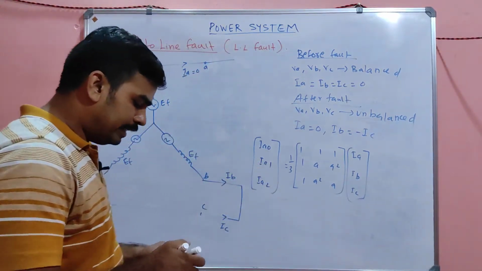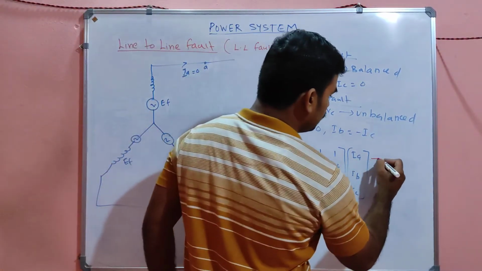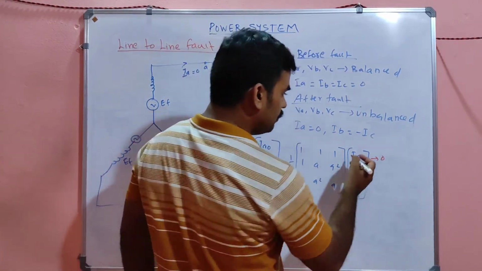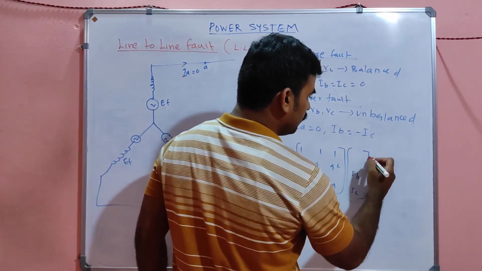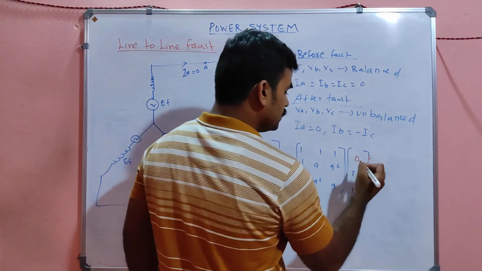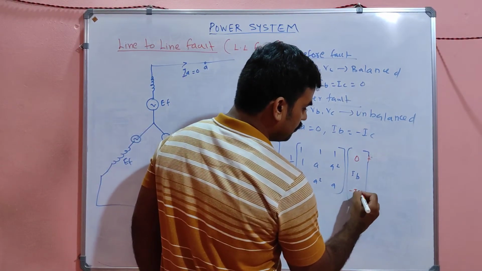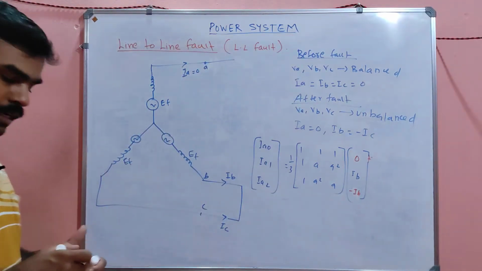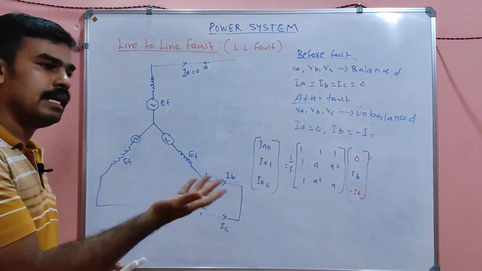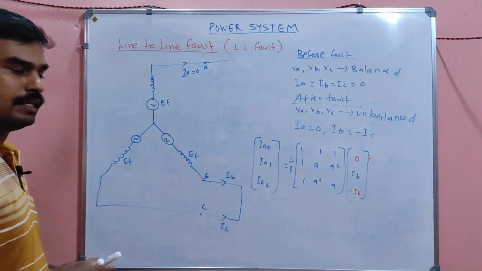What happened to this IA? This will be 0, so I can simply substitute 0 here. IB equal to minus IC means I can substitute minus IB here also. So minus IC can be minus IB.